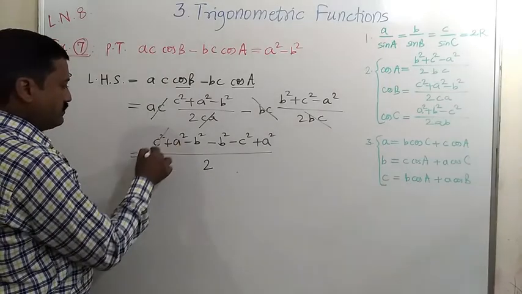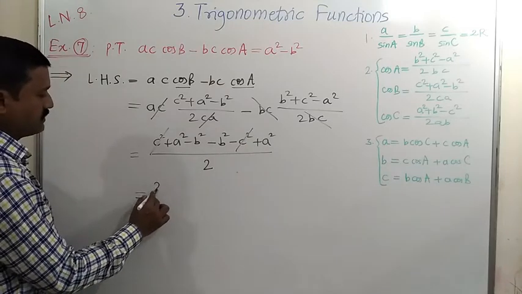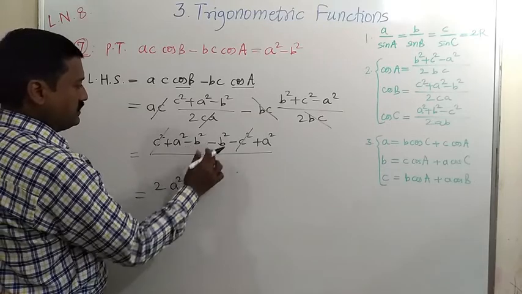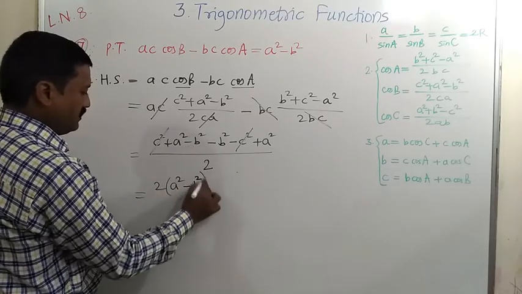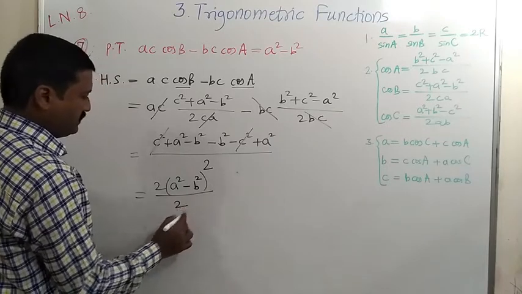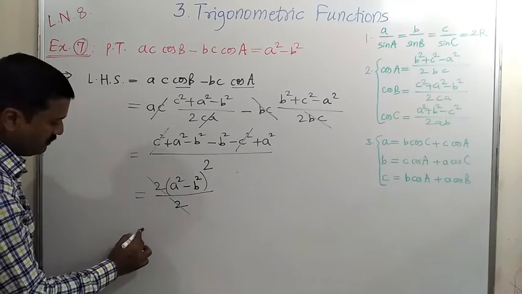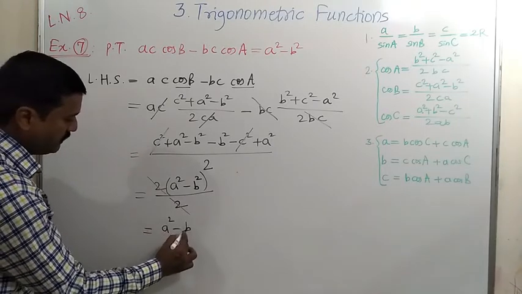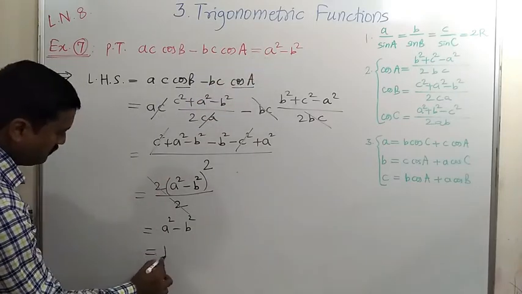So here this C square gets cancelled, remains 2 times A square plus A square is 2A square, and minus B square minus B square is minus 2 times B square, taking 2 common, and this 2 is already present at the denominator. So cancelling these 2, we get it is equal to A square minus B square, and that is our RHS.